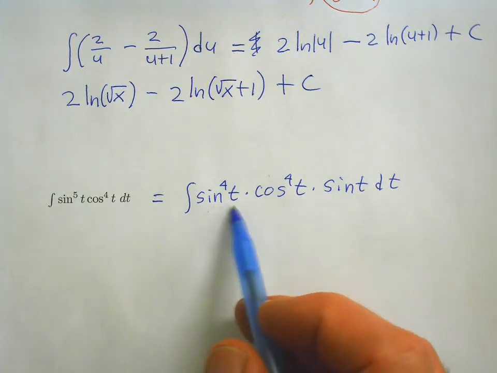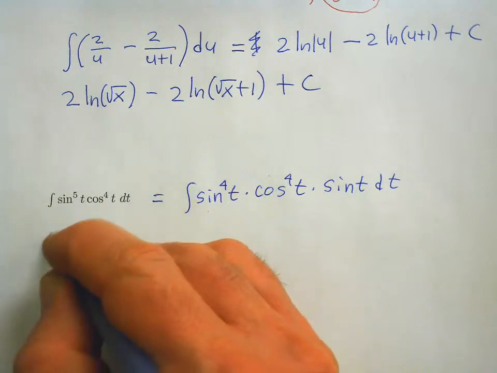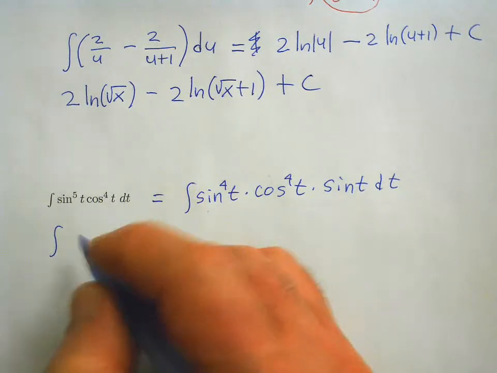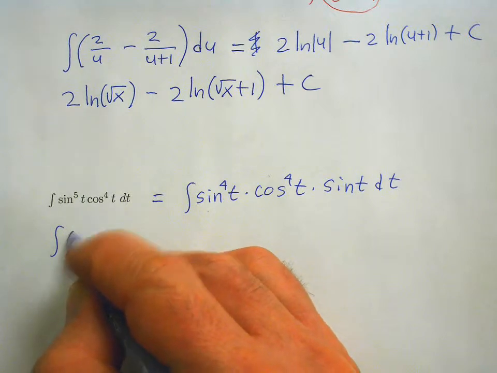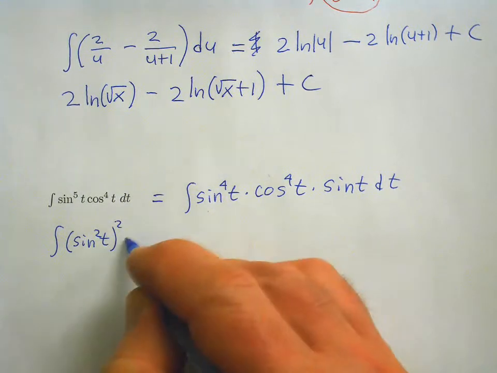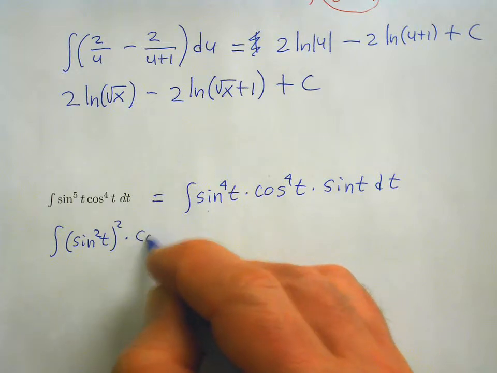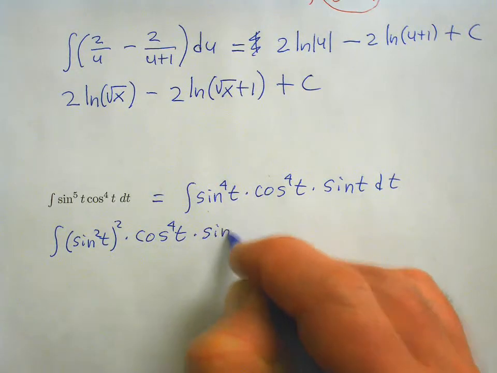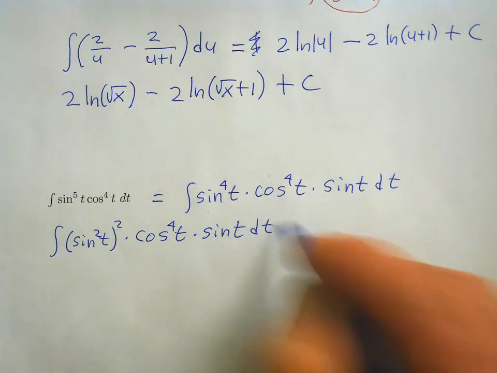So sine of t to the 4th is just sine of t to the 2nd squared. And then we multiply that by everything else, cosine of t to the 4th times sine of t dt.